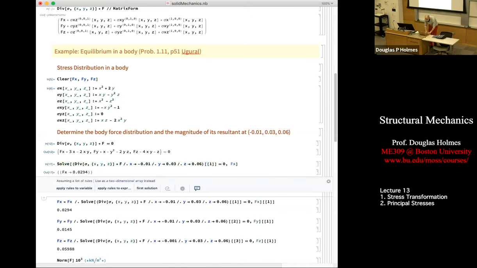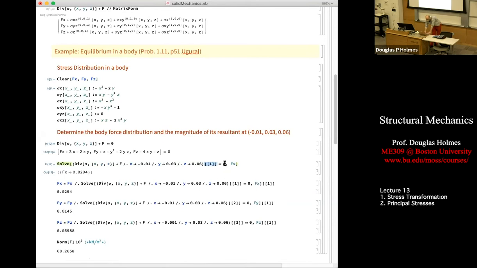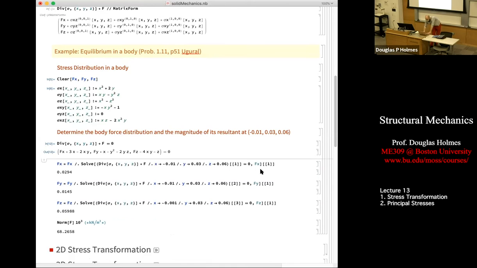There we go. That's what I wanted. Take the first equation, set it equal to 0, solve for fx. And that's all we've done in this line here. Take the second equation, set it equal to 0, solve for fy. Take the third equation, set it equal to 0, solve for fz. And here we found what we were asking for, fx, fy, and fz.